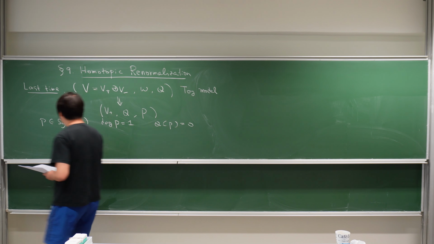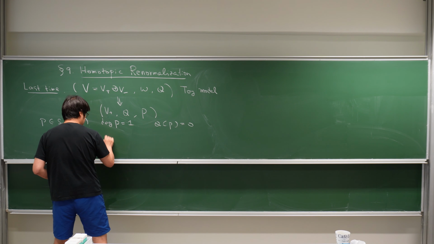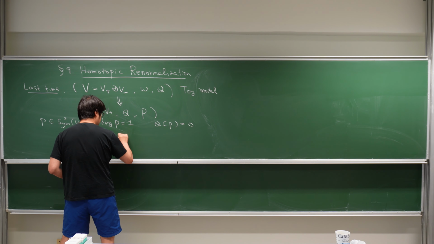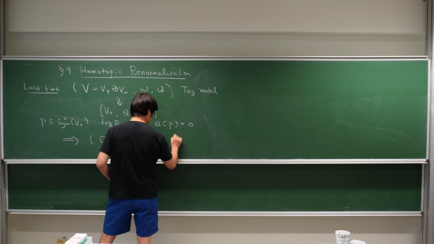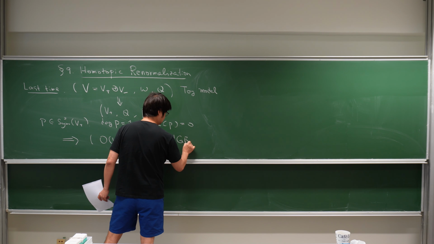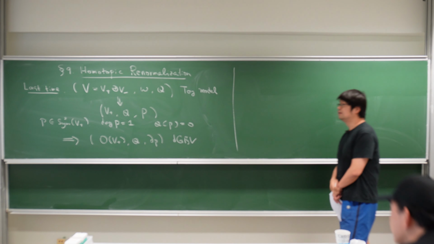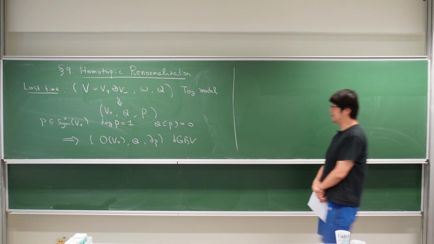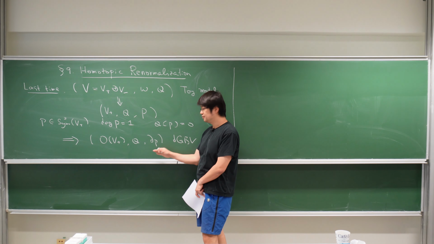Then from here, we obtain a DGBV algebra. This is a very natural operation, and because P is a symmetric 2-tensor, this looks like a differential operator of order 2.